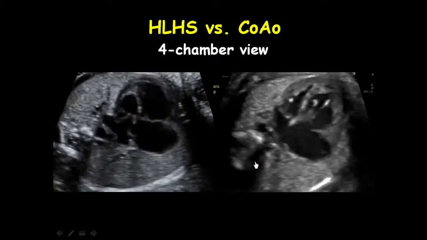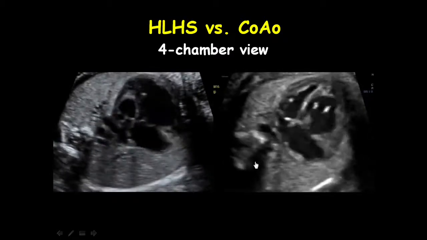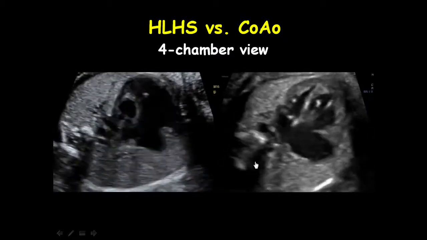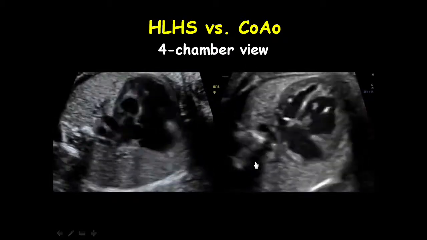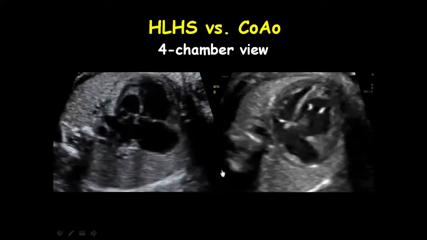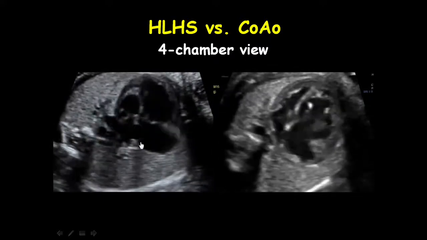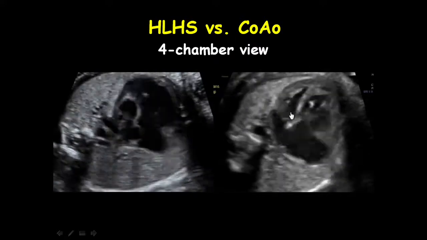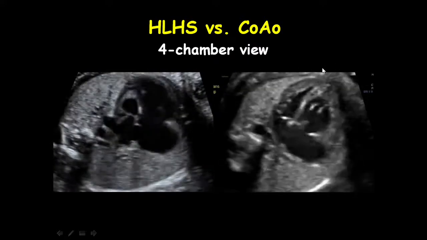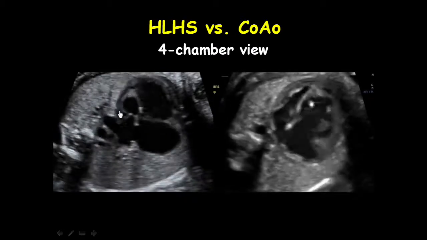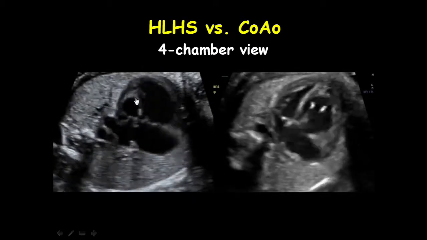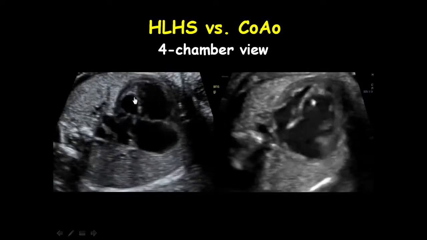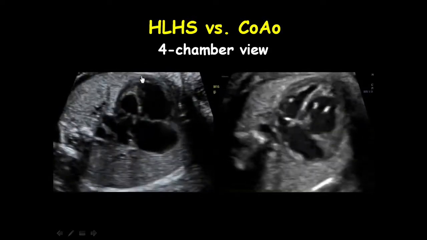So, a few slides regarding the differential diagnosis of coarctation and other left heart lesions, such as hypoplastic left heart syndrome. The four-chamber view shows a significant difference in the shape of the left ventricle. In hypoplastic left heart syndrome, the left ventricle usually has a very globular shape and never reaches the apex.